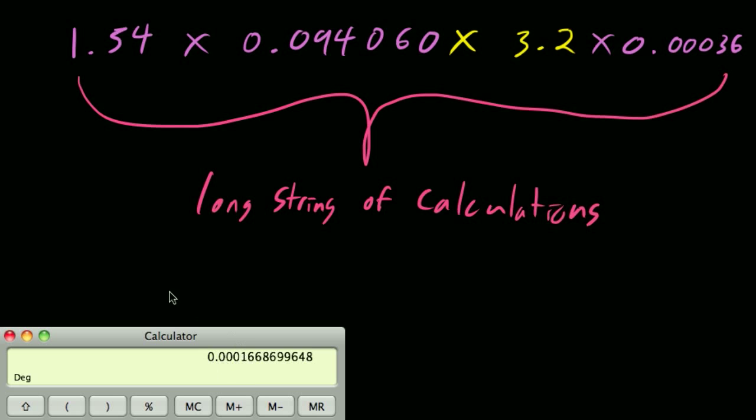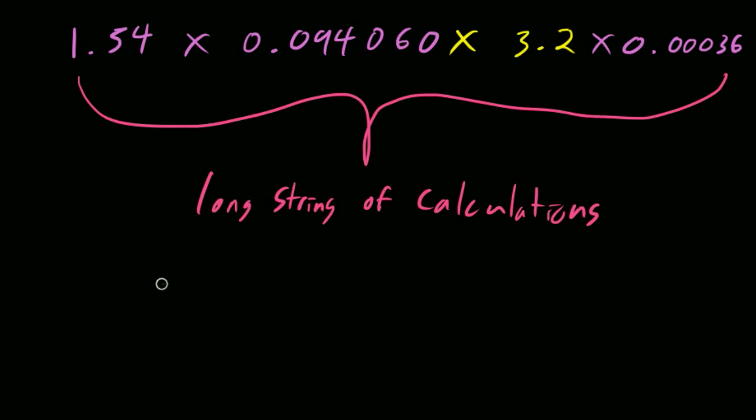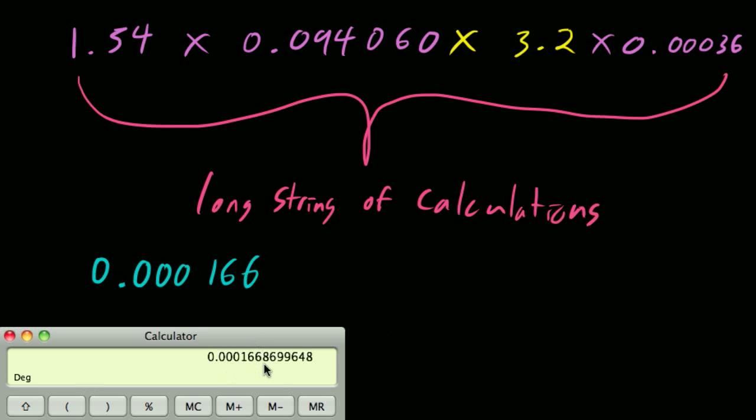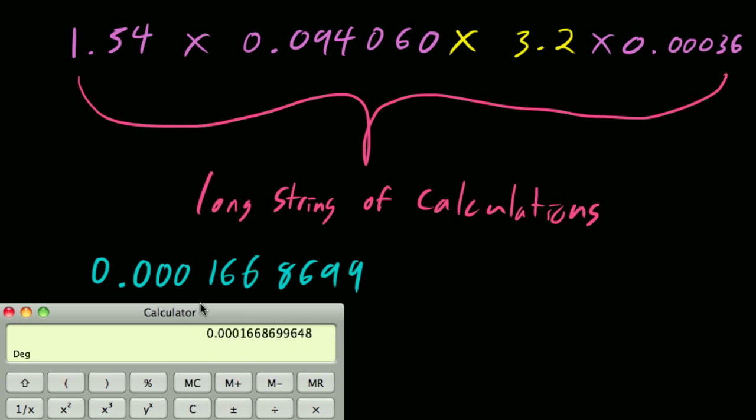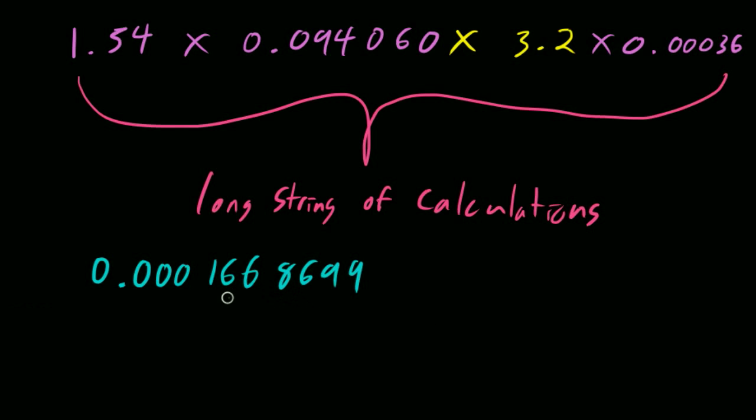So we've got 3 leading zeros, 0.000, I think it was 166 something. 1668699. Let's write that down. I've been making a bunch of copying mistakes, so let me double check that. 0.00016686699. Okay, so this is what the calculator spit out.